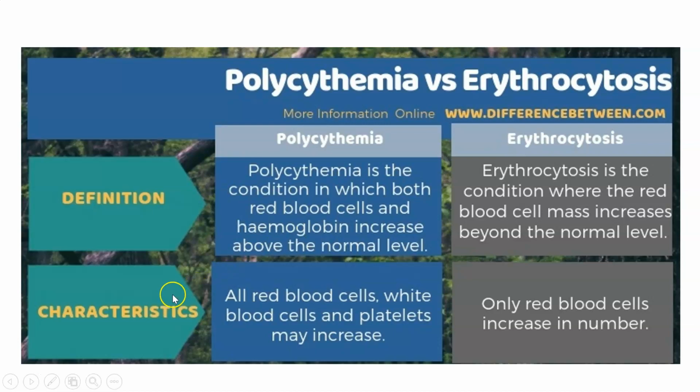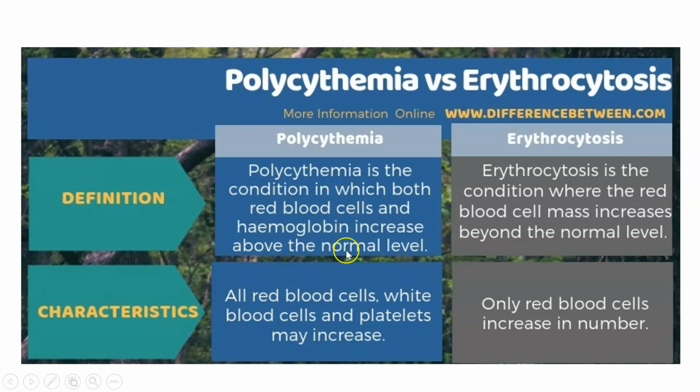Now, with polycythemia, because usually it's a genetic problem, it's cancerous. There's a problem in the bone marrow. So there's some kind of genetic problem, and it's a problem in the bone marrow. Remember, the bone marrow gives rise to not just red blood cells, but other blood cells.